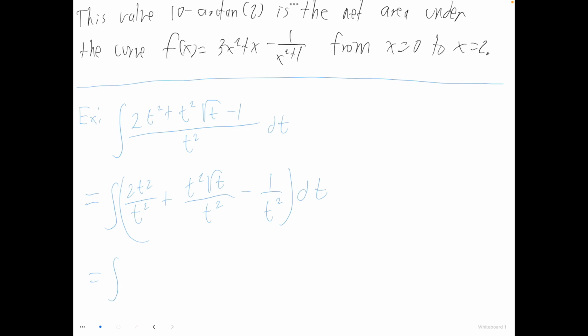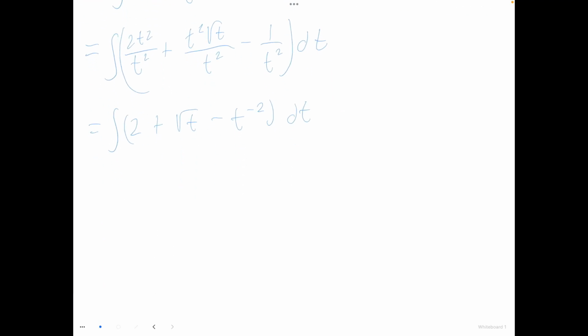And so this then becomes, we're going to have 2 plus the square root of t minus t to the negative 2. And so now we need to take the antiderivative or find the indefinite integral of each of these pieces. And the indefinite integral of 2 is going to be 2t plus, we have the square root of t, which again, this is t to the 1/2.